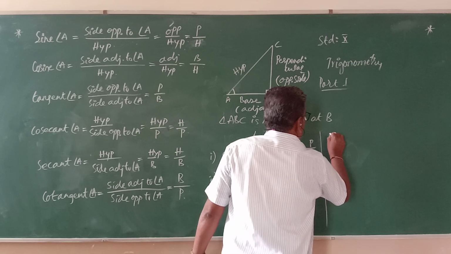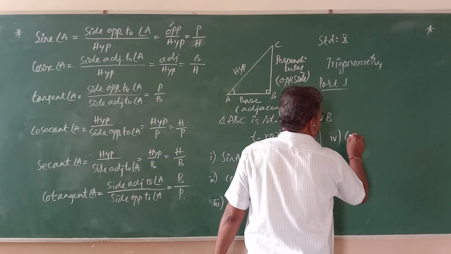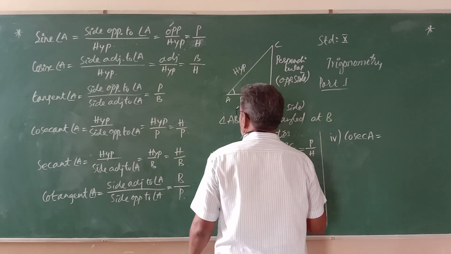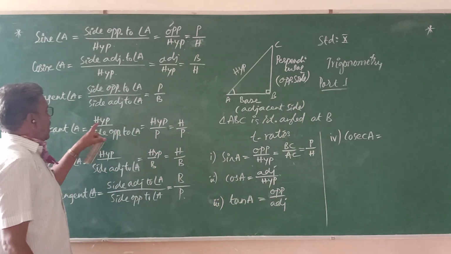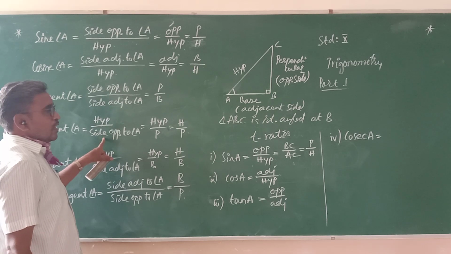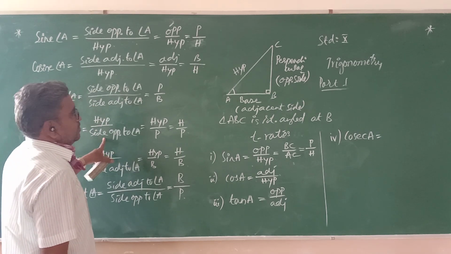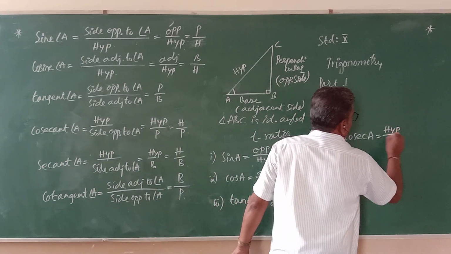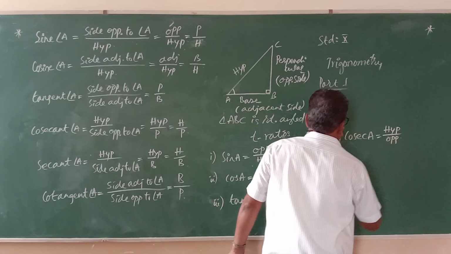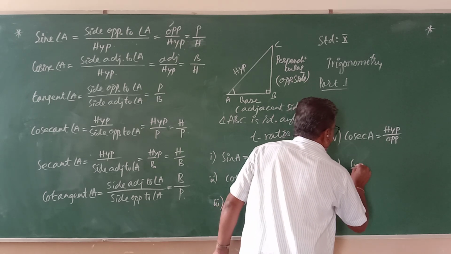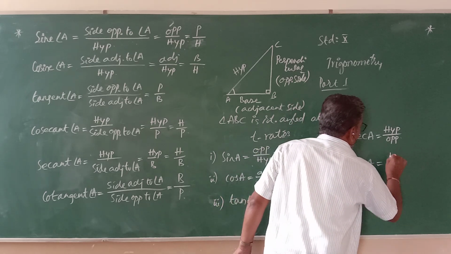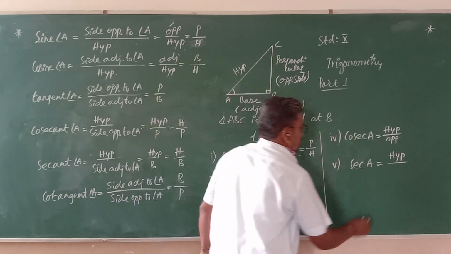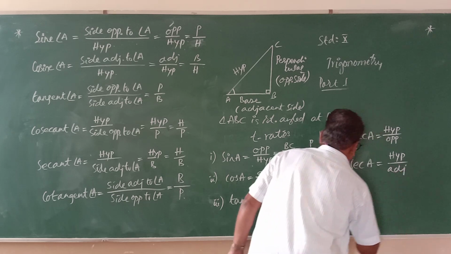And cosec of angle A is equal to hypotenuse by opposite. And sec of angle A is equal to hypotenuse by adjacent.